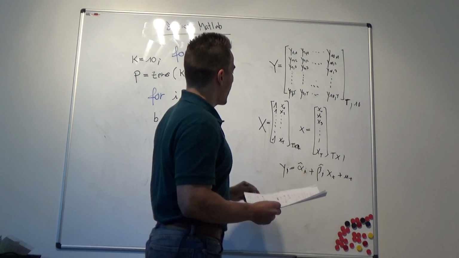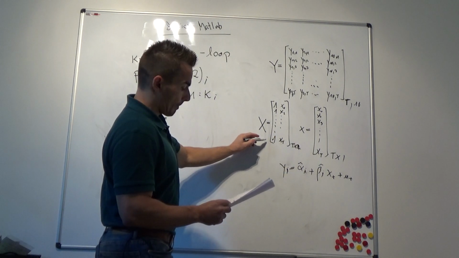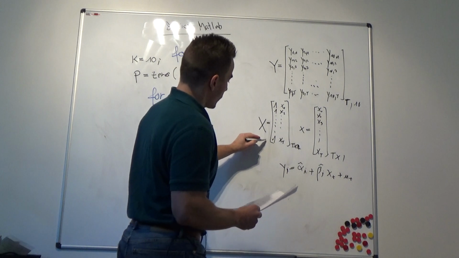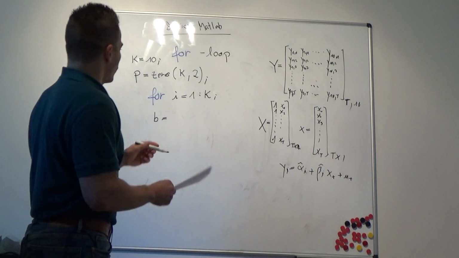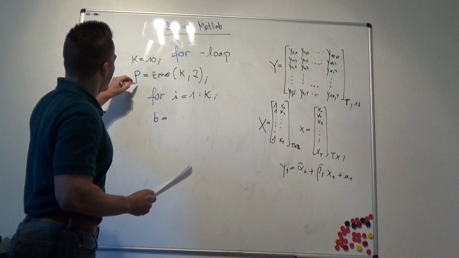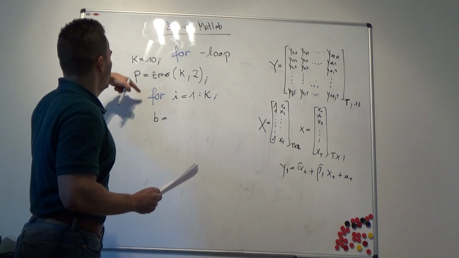We define this in MATLAB obviously before we start with the for loop. So we define it after we have defined P, or before, it doesn't matter.